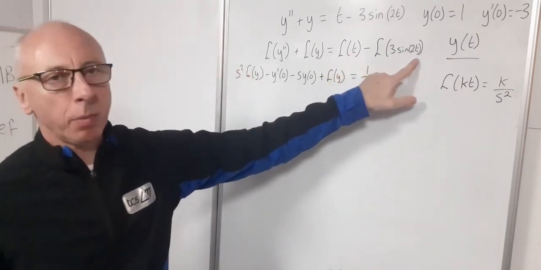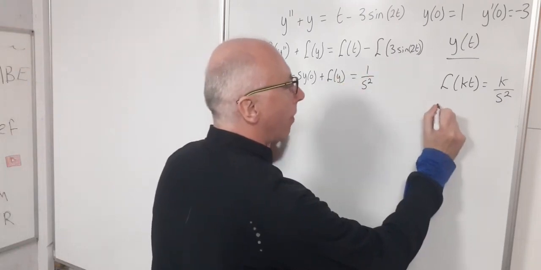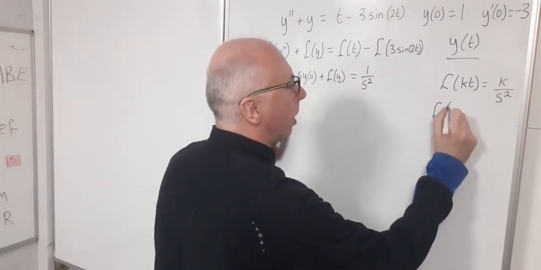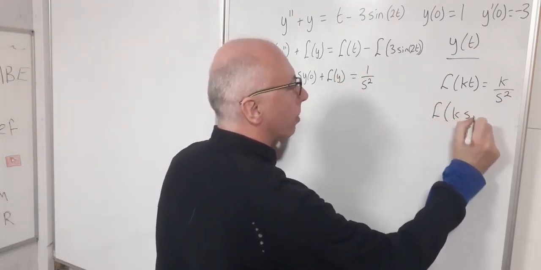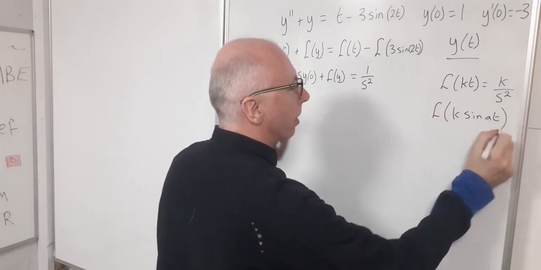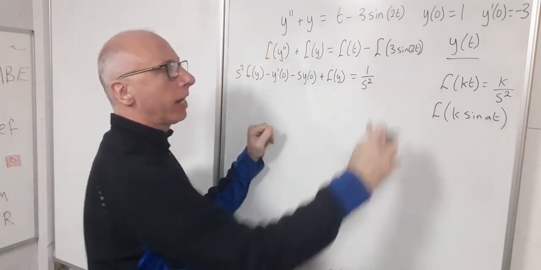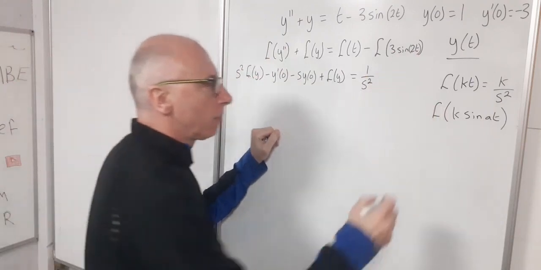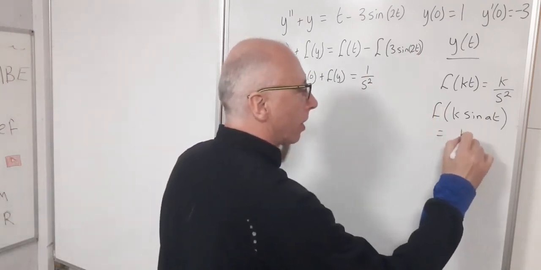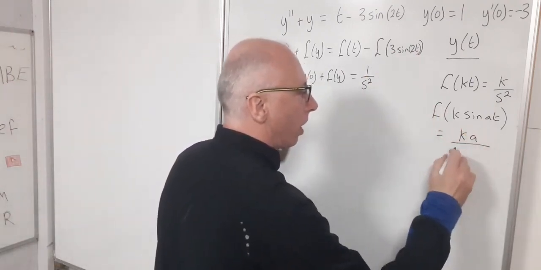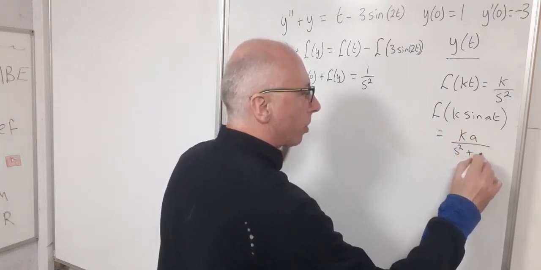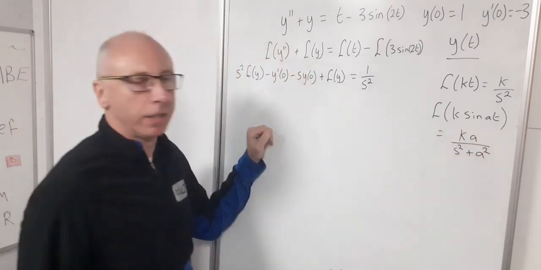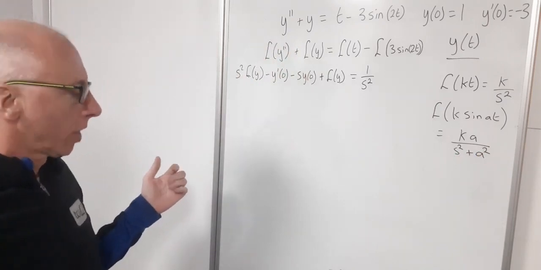And this one here, the Laplace transform of k times sine at, so here k is 3 and my a would be 2, that gives me k times a over s squared plus a squared. So that takes care of that one.